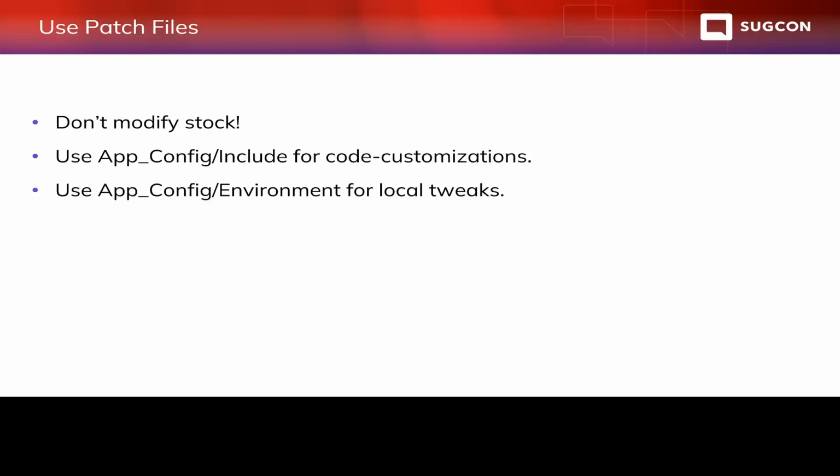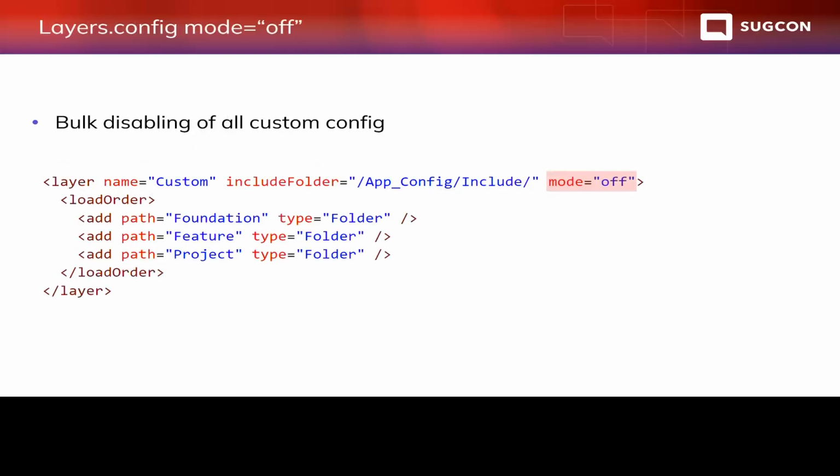But if you follow the rules, then you get this nice little feature in layers.config where you can have mode equals off and just shut off all of your own customizations and just run on stock Sitecore. So, you enable more tools when you do things the right way. And notice this, we have this foundation feature project, so layers.config got added because the English language is wrong and puts foundation after feature. So that's a bug in the English language that was patched with layers.config.